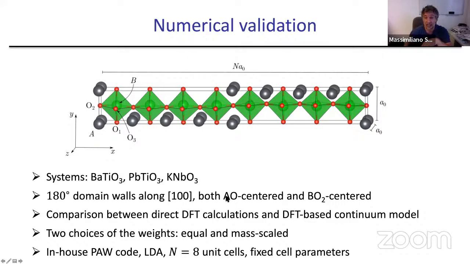And just for testing, we consider both domain walls that are centered on an AO plane, which is here, or a BO2 plane. Of course, a continuum model cannot capture the difference between these two configurations, because we remove from the lattice model any information about the registry with the atomic structure. But it is still interesting to look at both, to see whether they sort of match what we get from the model.